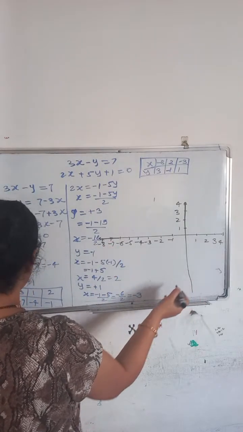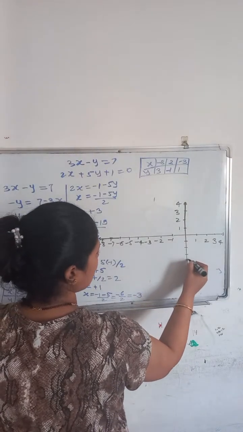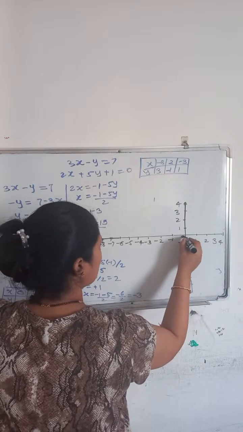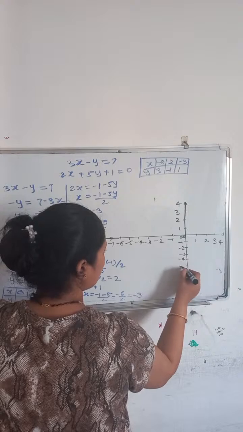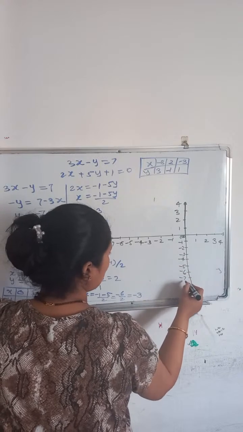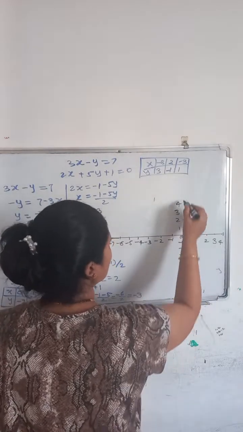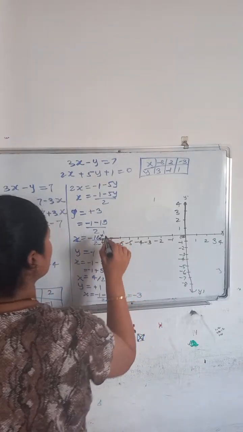And on the y-axis also we have minus: -1, -2, -3, -4, -5, -6, -7, -8. Okay, this is y dash, this is y, this is x, and this is x dash.